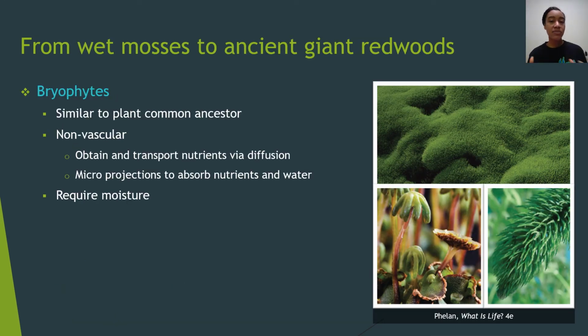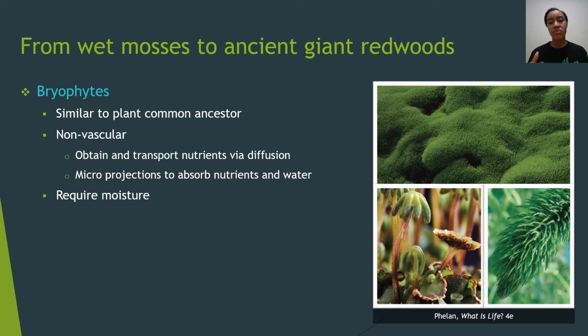One phylum of plants that we can look at to maybe get an idea of what early plants looked like are the bryophytes. These include our mosses, our hornworts, and our liverworts. And it's hypothesized that early plant ancestors had a lot of similarities to present-day bryophytes. They're non-vascular, so they don't have any sort of tubing.